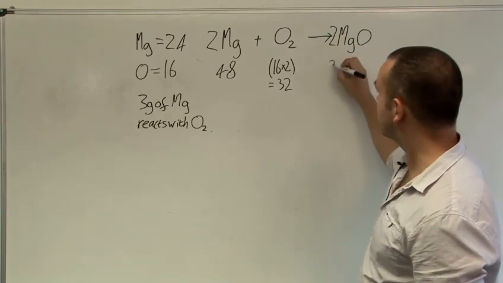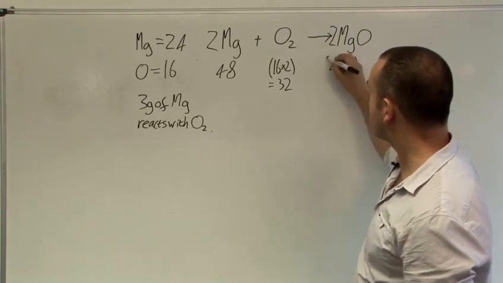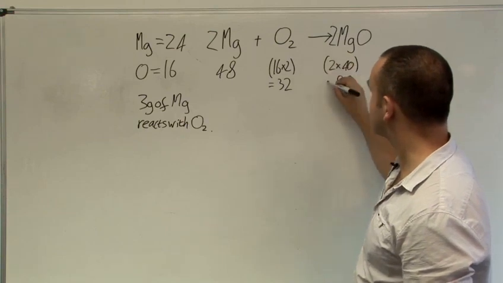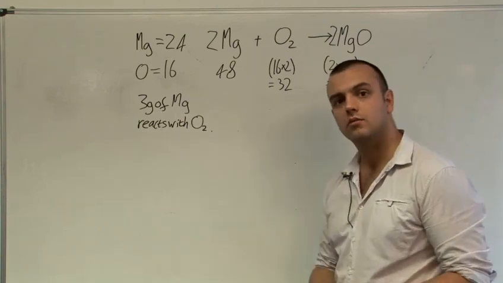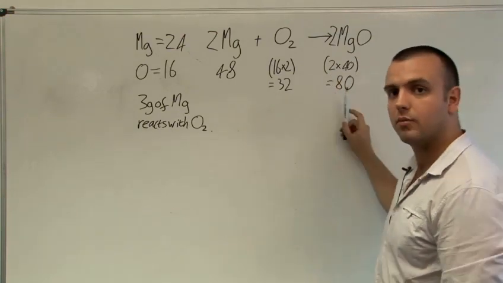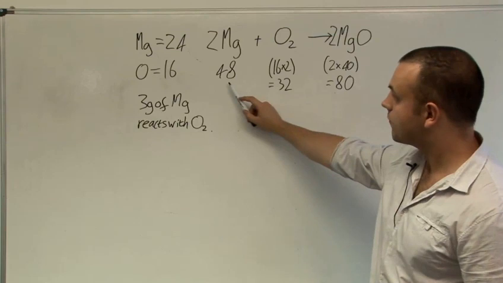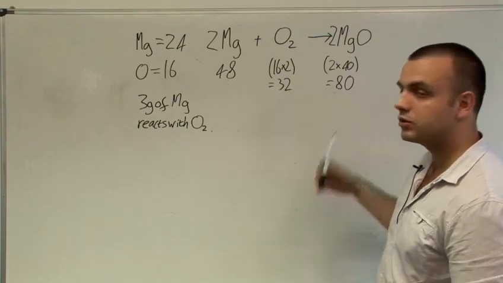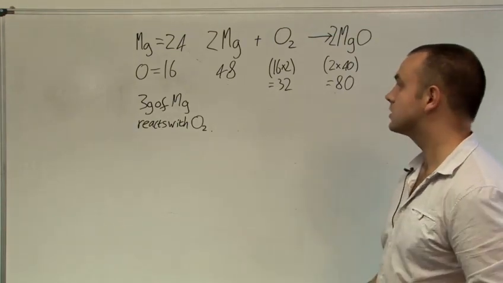However, because there's 2 of them, we have a total mass on the right hand side of 80 grams. Now always the masses on the left hand side should equal the masses on the right hand side. So here 48 plus 32 equals 80, which is what we have on the right hand side.